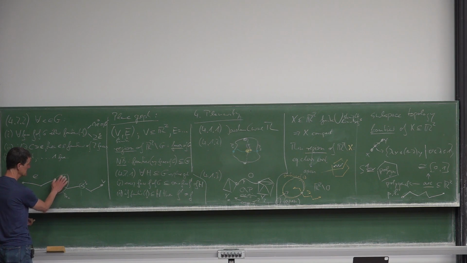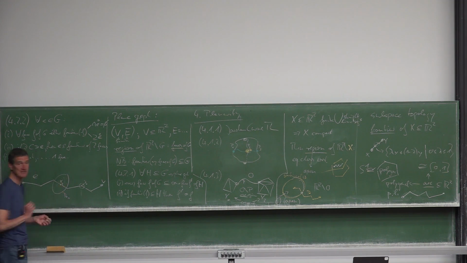They are contained in regions of G because these points are pairwise equivalent.